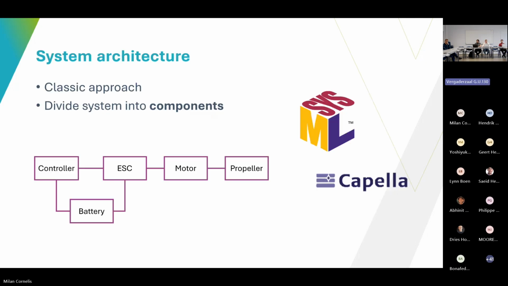So when continuing with your design, looking at the classical approach, typically the system itself is divided into components that are all connected to each other, and there are already tools available for this, like SysML or Capella.